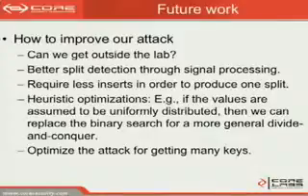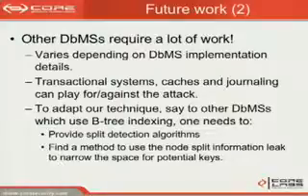Finally, let me continue with this. Can this attack be extrapolated to other database management systems? Well, theoretically it can. Our attack is only dependent on the indexing structure and split detection, and since most of the commercial database management systems use B trees or B plus trees, then in principle the attack could be made to work with these other database management systems.